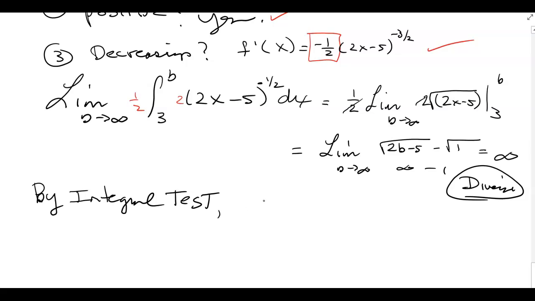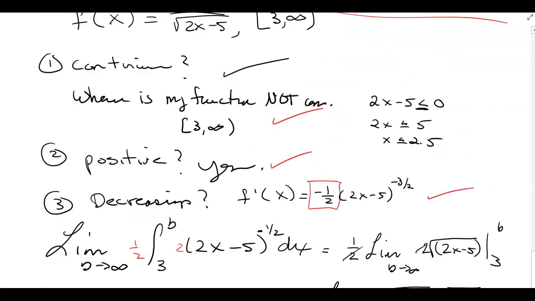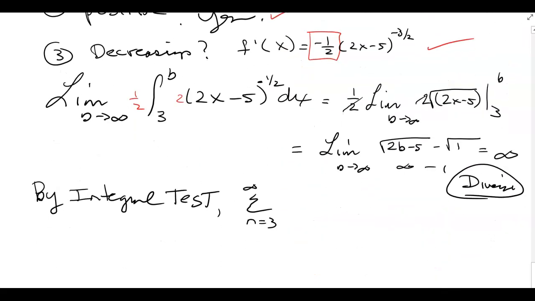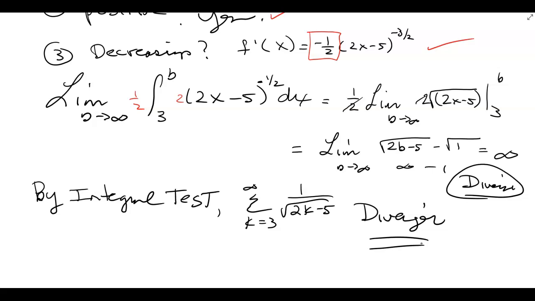By the integral test, this series, k equals 3 to infinity of 1 over the radical of 2k minus 5, diverges. So that's your integral test.